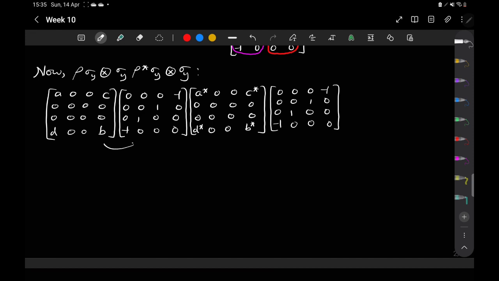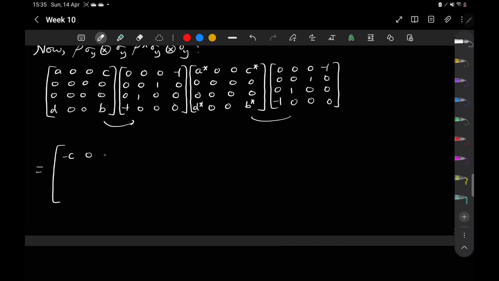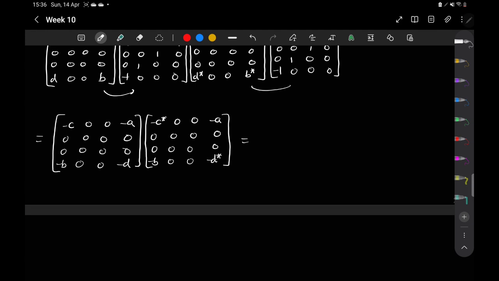So this with this let us multiply, and then this with this let us multiply and see what's the result. Now let us multiply these.